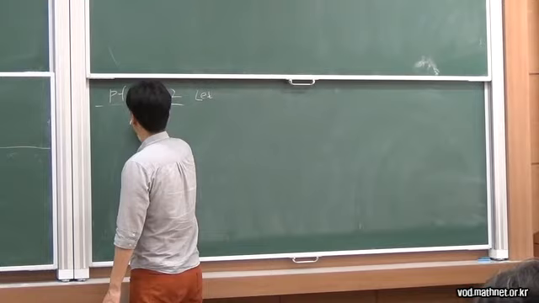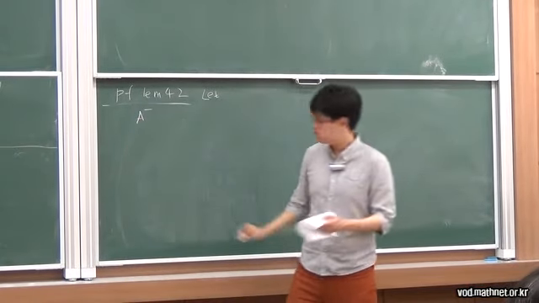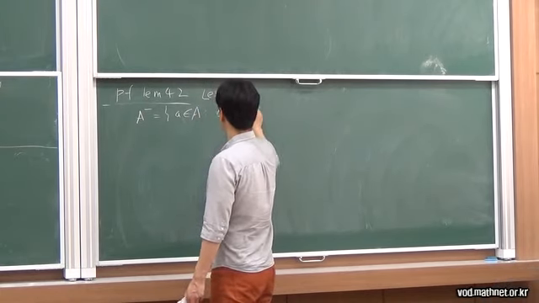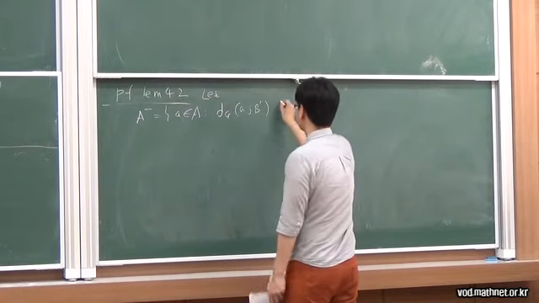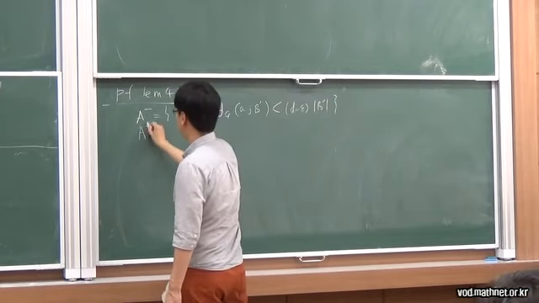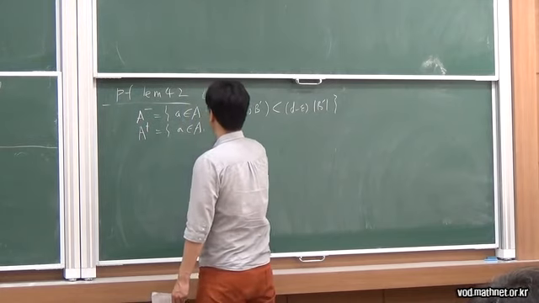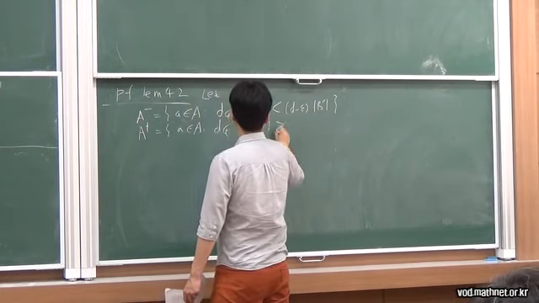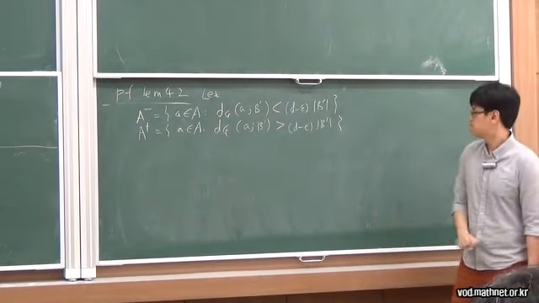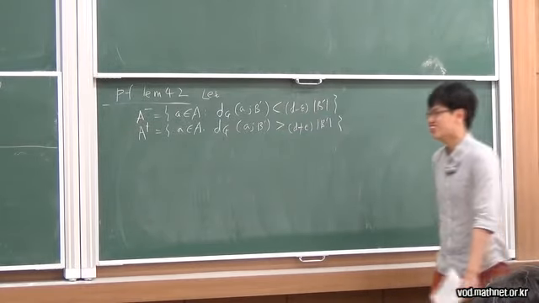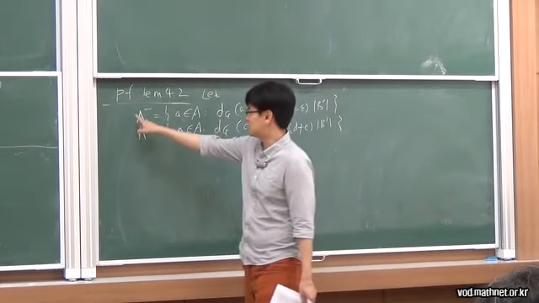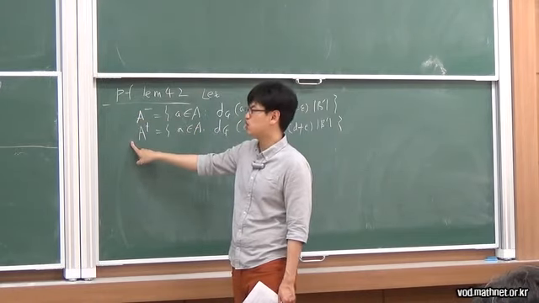So we define A minus as all vertices which have too small degree into this B prime, and A plus as all the vertices which have too big degree into B prime. We want to show that this is small and this is small. Then we are done.